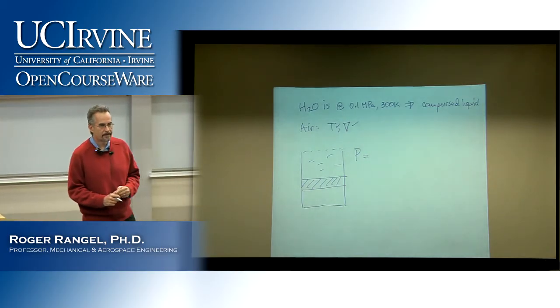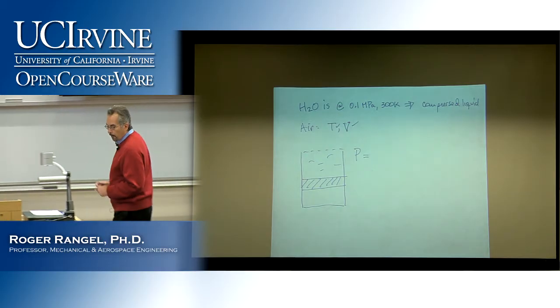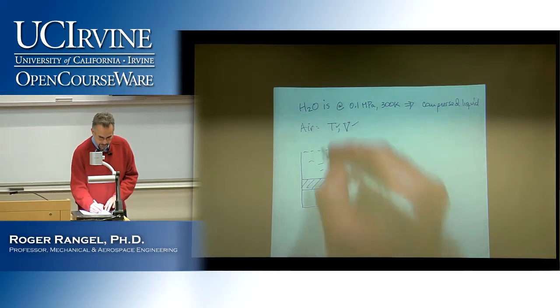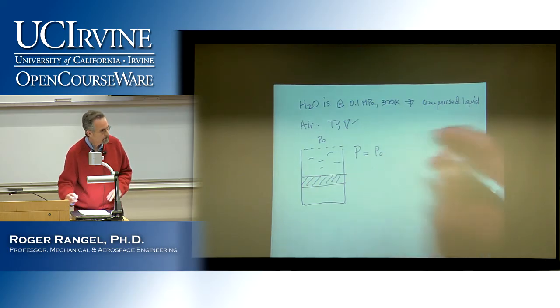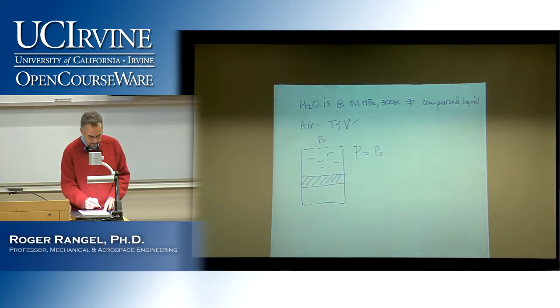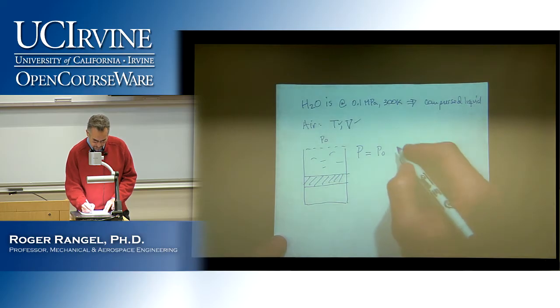The force of all the water over the area of the cylinder, plus the external pressure. So it should be the external pressure plus the weight of all this water divided by the area. We did that already, but let's go ahead and write it down.